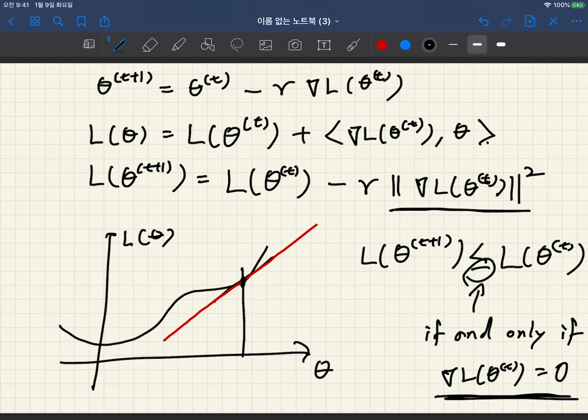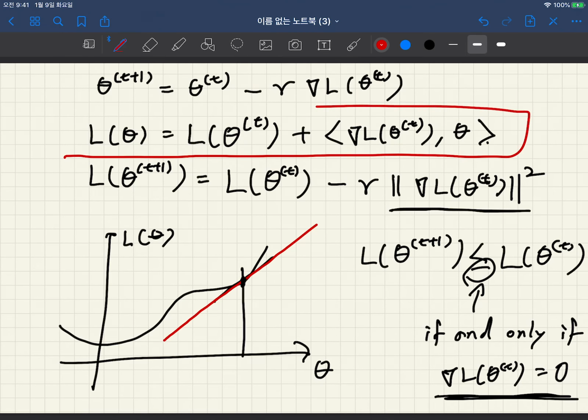But in reality, we don't have a linear function. We have a very wiggly, curved loss function, so this assumption totally does not hold.